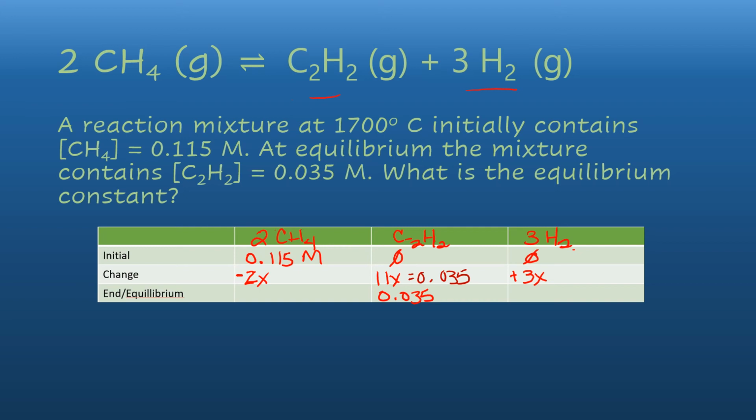So 2x, 2 times 0.035 is going to equal 0.070. And 3 times 0.035 is going to equal 0.105.